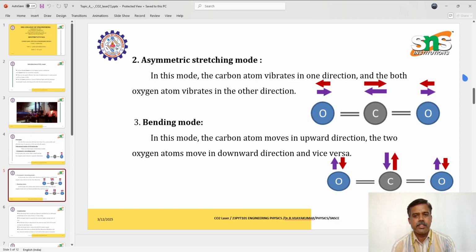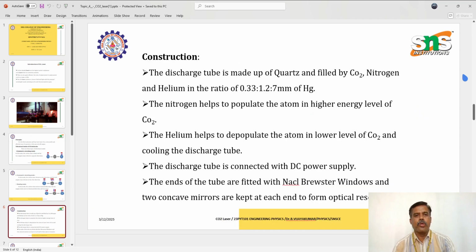The asymmetric stretching mode: the carbon atom vibrates in one direction and both oxygen atoms vibrate in the other direction. The bending mode: the carbon atom moves upward, the two oxygen atoms move downward, and vice versa. So these three modes of vibration are formed in one CO2 molecule.